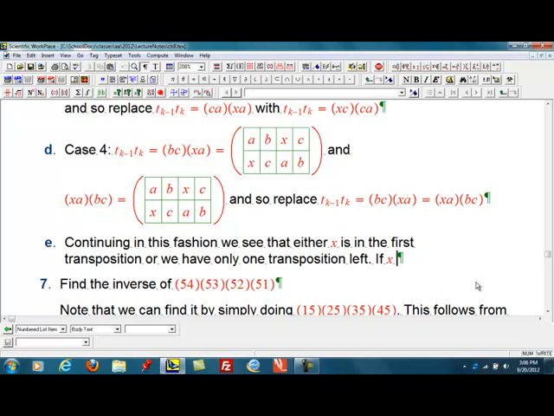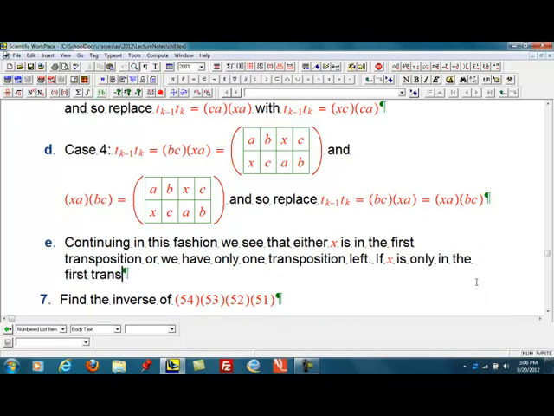If x is only in the first transposition, then epsilon of x, which is equal to the product of the transpositions, is equal to whatever our xa was times a whole bunch of different things.